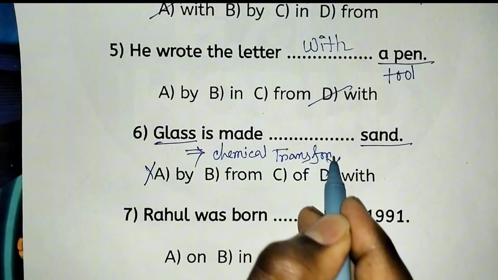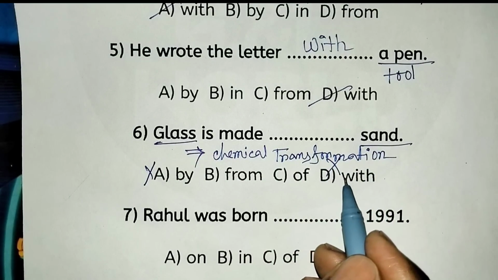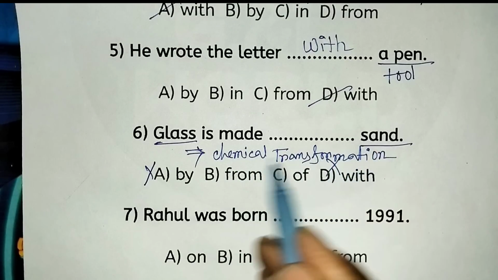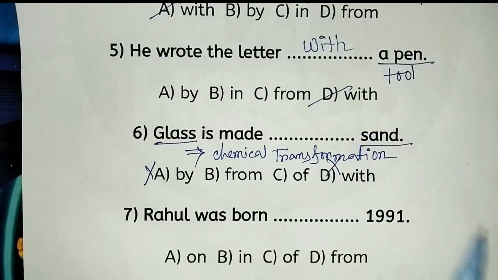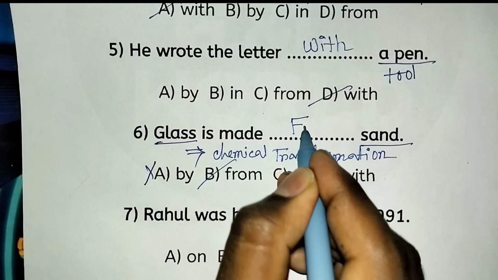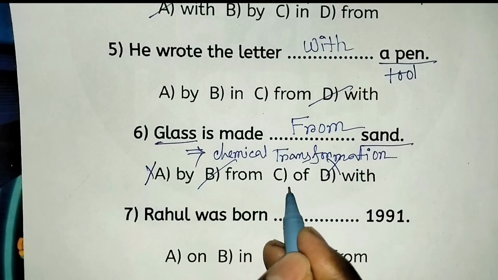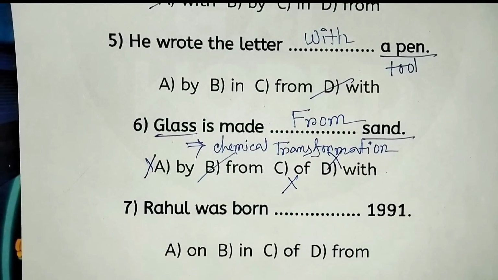It is a chemical transformation. We are not able to restore sand from glass. That's why we have to use from, not of. Okay. Next.